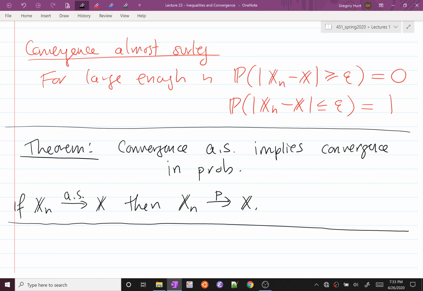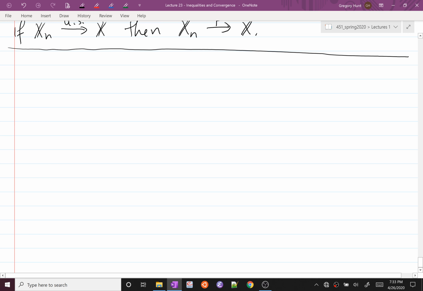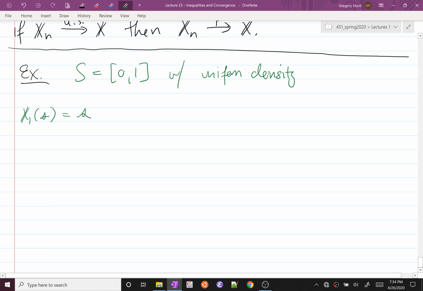So our example of the difference between convergence almost surely and convergence in probability. Here we look at a sample space from 0 to 1 with uniform density, and we define a sequence of random variables. x1 of s is s. x2 of s is s plus the indicator that s is in 0 to 1/2.